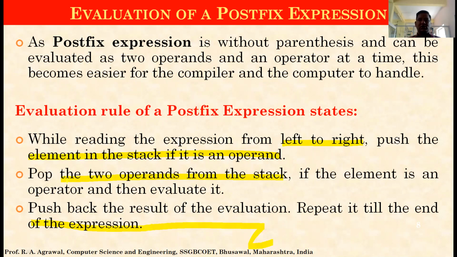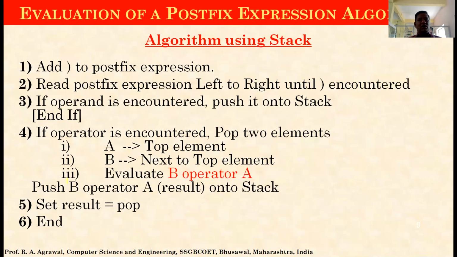We will see the algorithm, how it works using the stack technique. This is the algorithm which we are going to apply. First, we have to add a closing bracket to the postfix expression which is being evaluated. Read the postfix expression from left to right until a closing bracket is encountered.